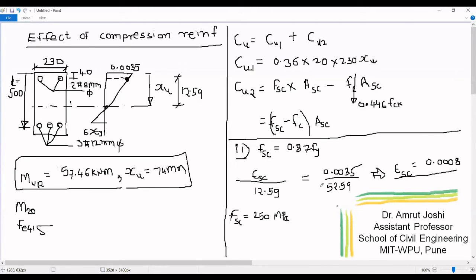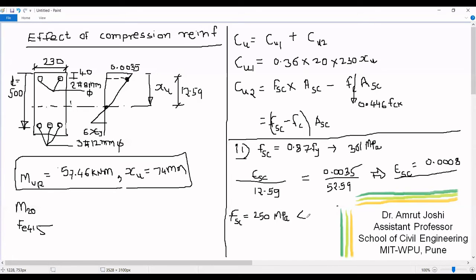What is the assumed value of FSC? 0.87 Fy. That turns out to be 0.87 into 415, which is 361 MPa. Therefore, the iteration fails.